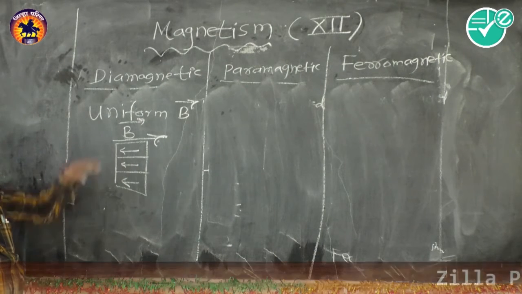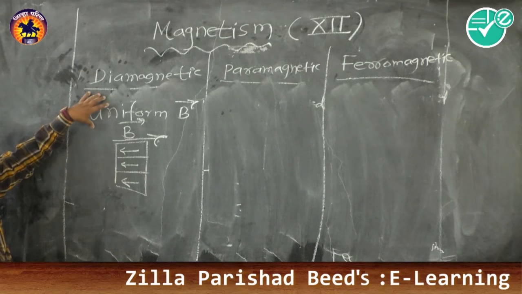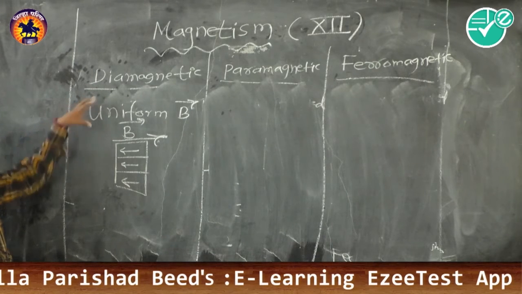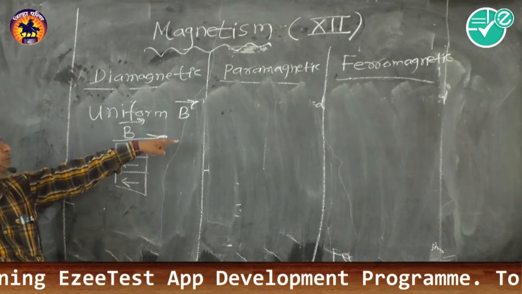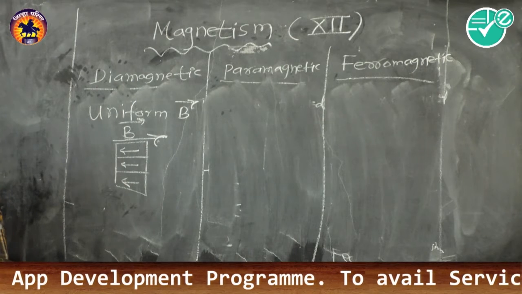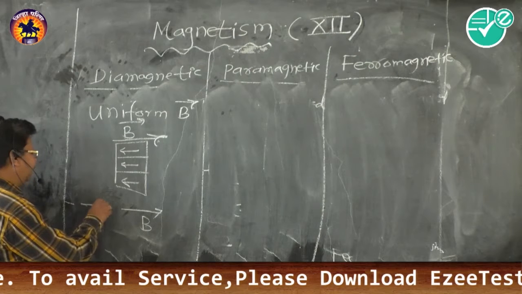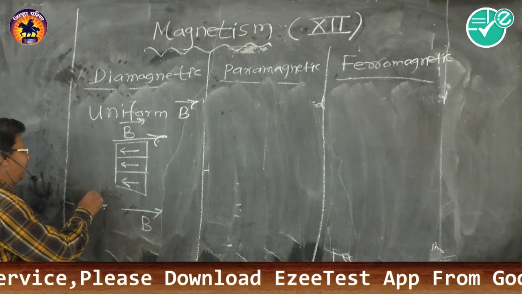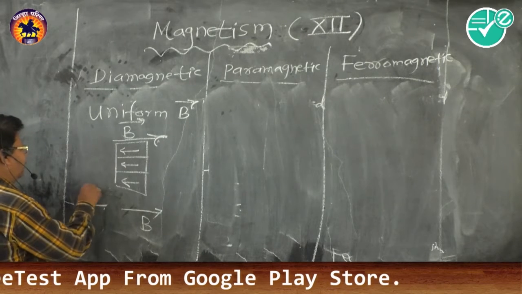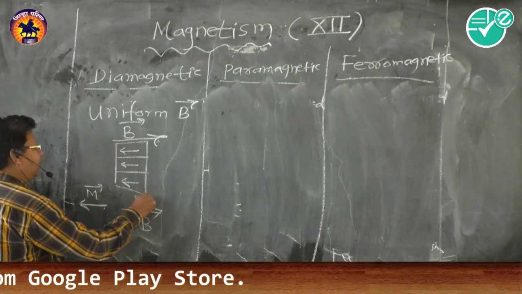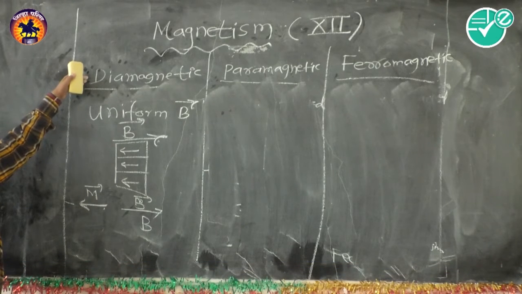That means a diamagnetic material gets magnetized in a direction opposite to that of the applied field. If the field is towards the right, then the magnetic dipole moments are in the left direction. So they are oppositely directed, M and B, in the case of diamagnetic substances.